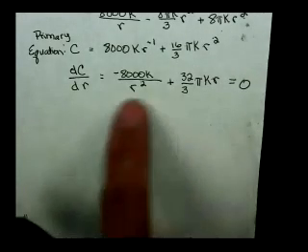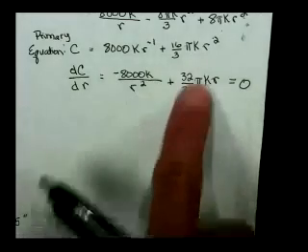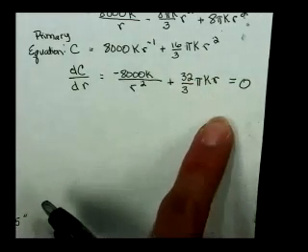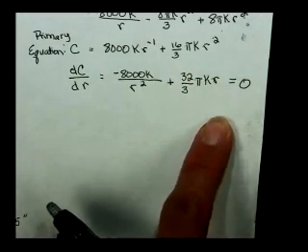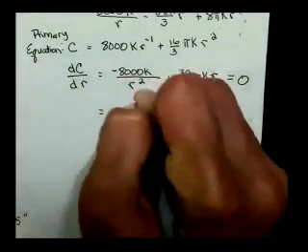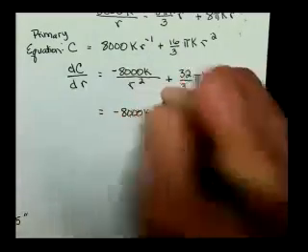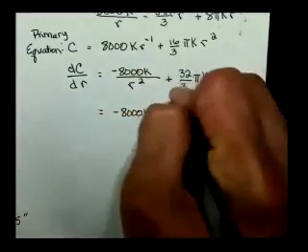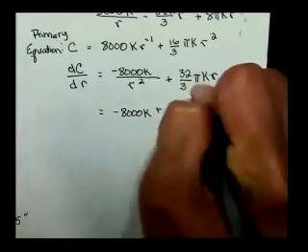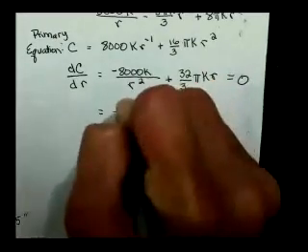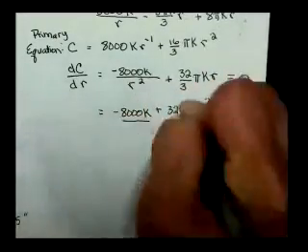So the common denominator would be r squared. I just have to multiply that by r squared over r squared, and then I could write it as a single fraction. The numerator would be negative 8,000 k plus 32 pi k r cubed. I'm leaving the 3 in the denominator.